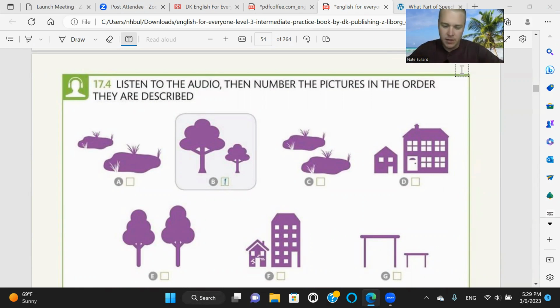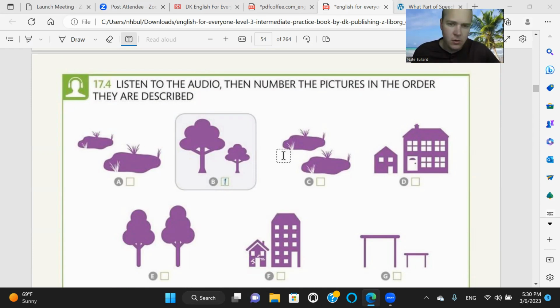I'm gonna pull up the audio on my phone and we can listen and do this activity. Whoops, that's not what I wanted. All right. I'm gonna go ahead and play the audio.